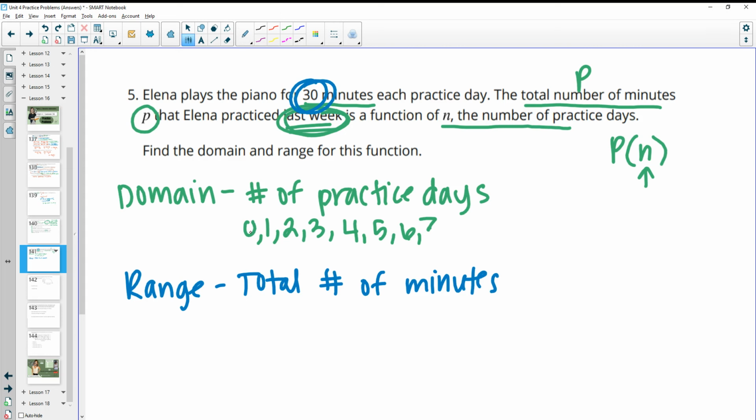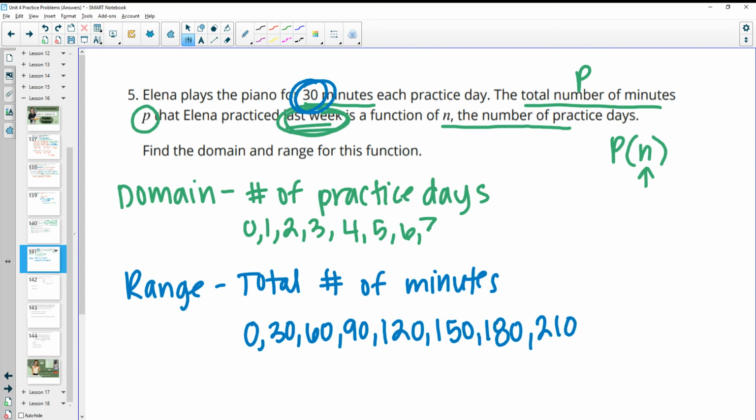So if she practiced 0 days, she'd have 0 minutes. 1 day, she'd have 30. 2 days, she'd have 60, 90, 120, 150, 180. Or if she practiced all 7 days, she'd be at 210. So domain is just going to be whole numbers 0 to 7, and range is going to be multiples of 30 from 0 to 210.